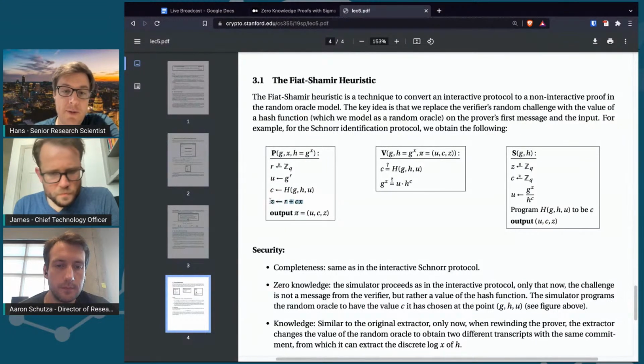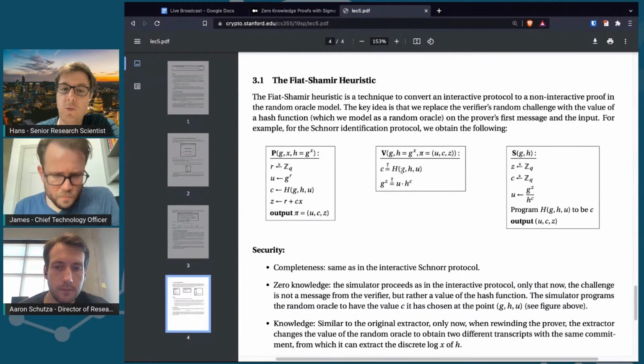That allows them to generate the Z, and then they send this U, C, Z tuple: the commitment, the challenge, and the last part. And that can be verified.